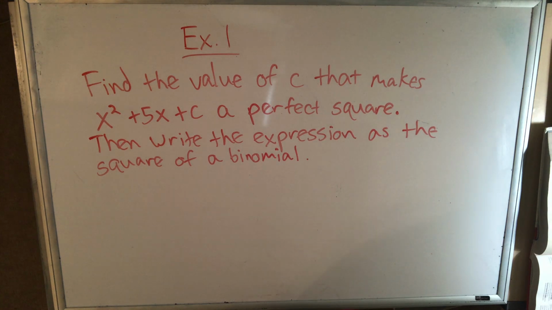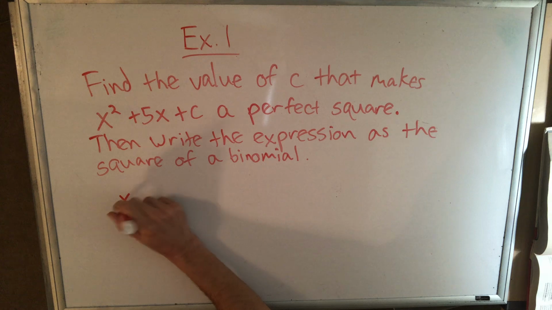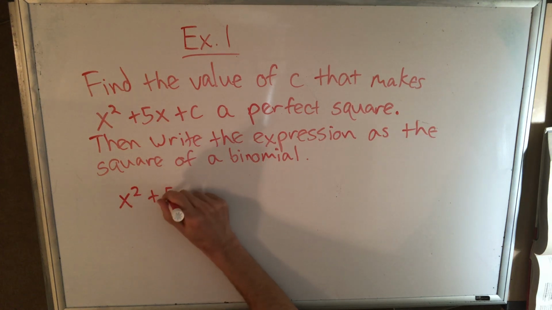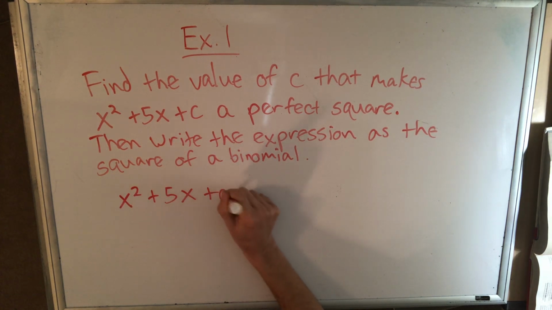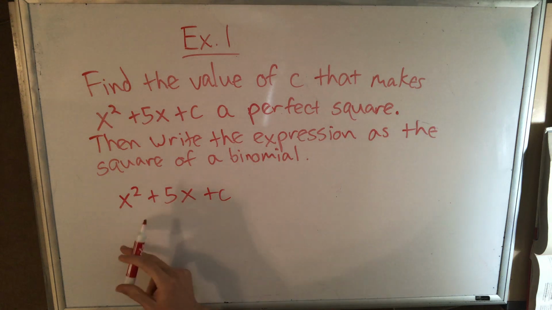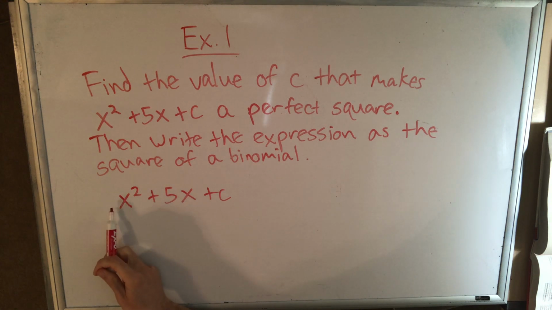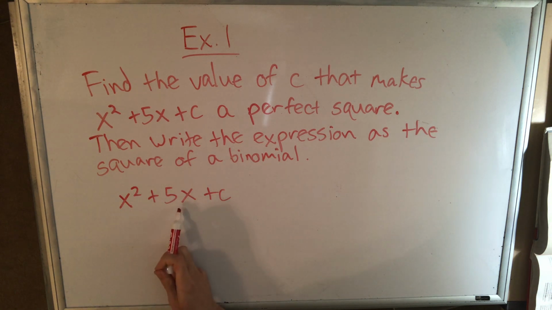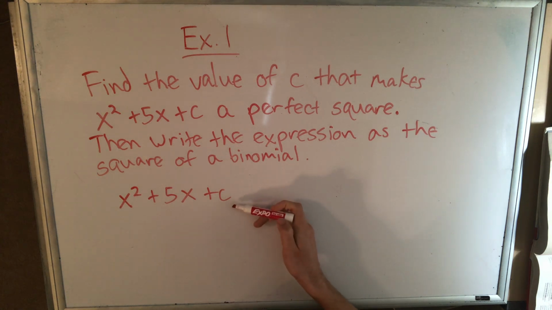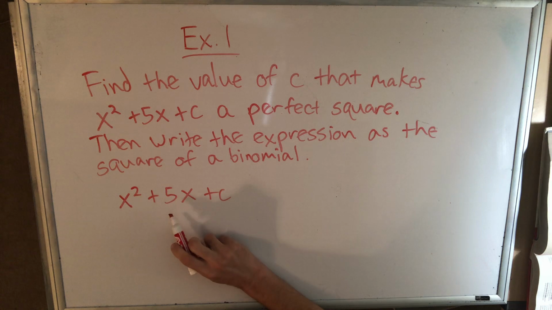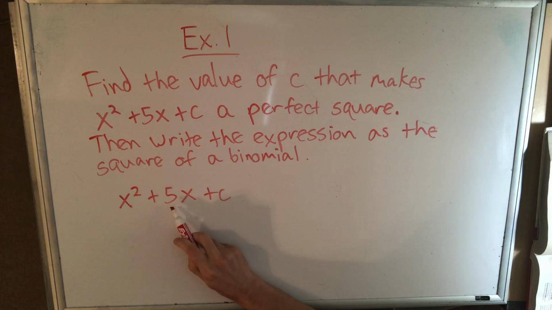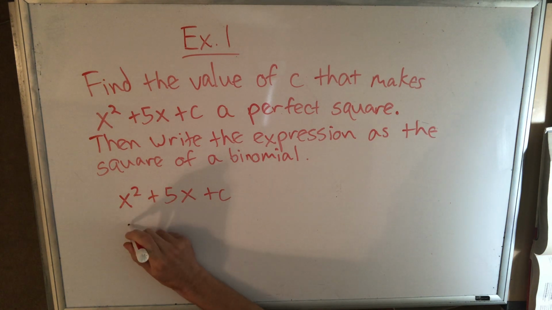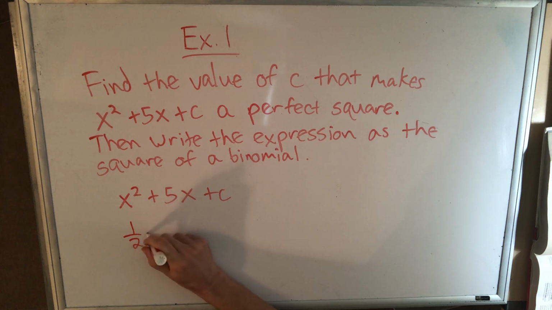Okay, so x squared plus 5x plus c, we have a variable squared term not being multiplied by a number, a variable term, and a constant. So to make this a perfect square, we take half of the coefficient of the variable term, half of 5, by doing 1/2 times 5, or 5 divided by 2.